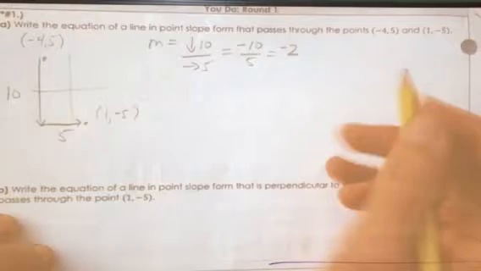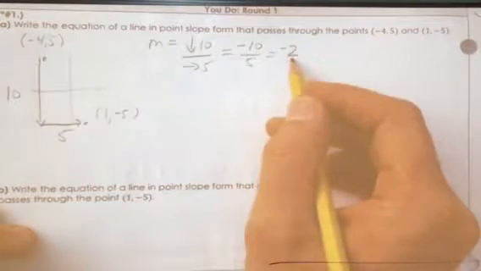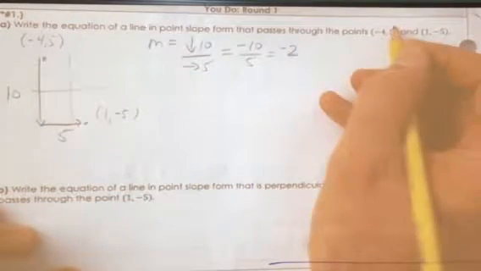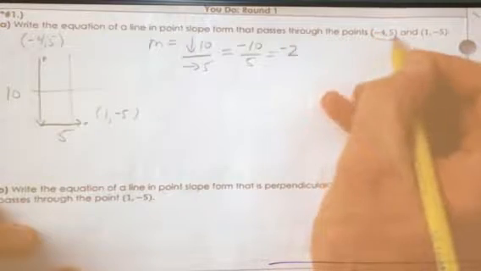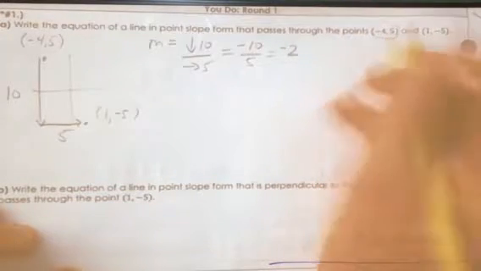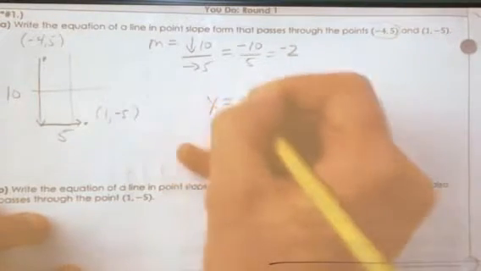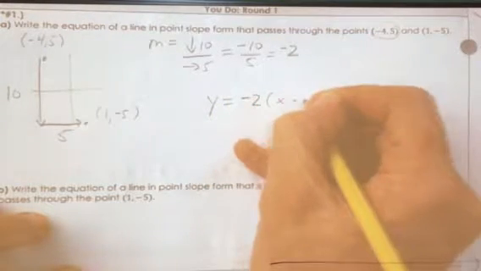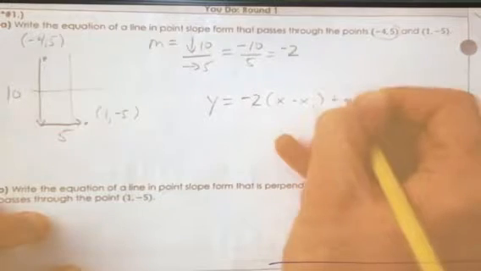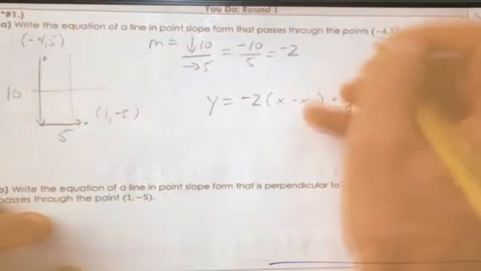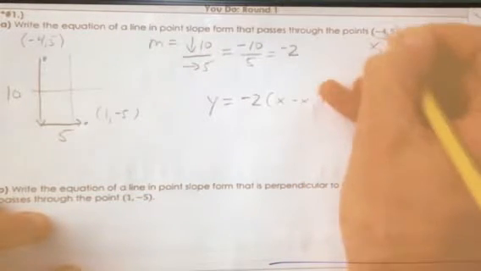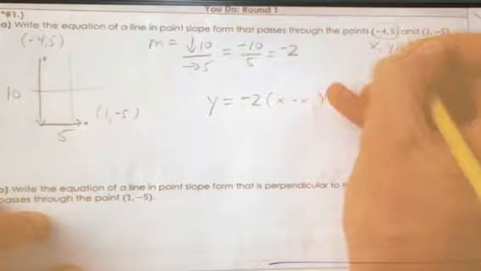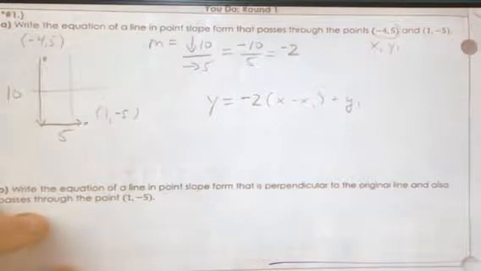Now, this asks us to write in point-slope form, and it's just a little bit trickier here because of this. So we're looking at y = -2 times, and then here we have x minus x1, and then plus y1. And here our x1 is -4, and our y1 is +5. Now watch what happens here.